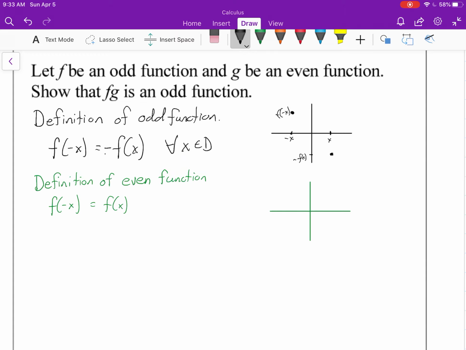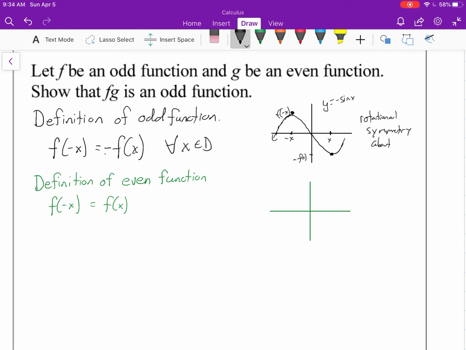So what we ended up seeing with this, and I'm just making up a function here, is that for an odd function, such as sine, or in this case negative sine, the graph has rotation symmetry about the origin.